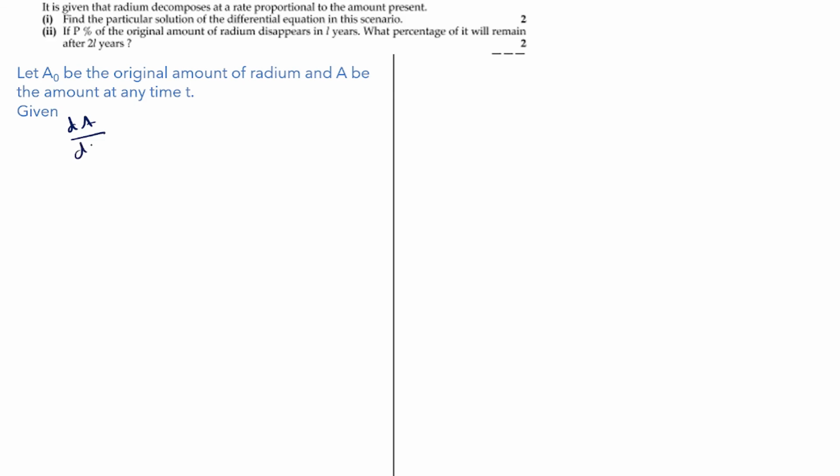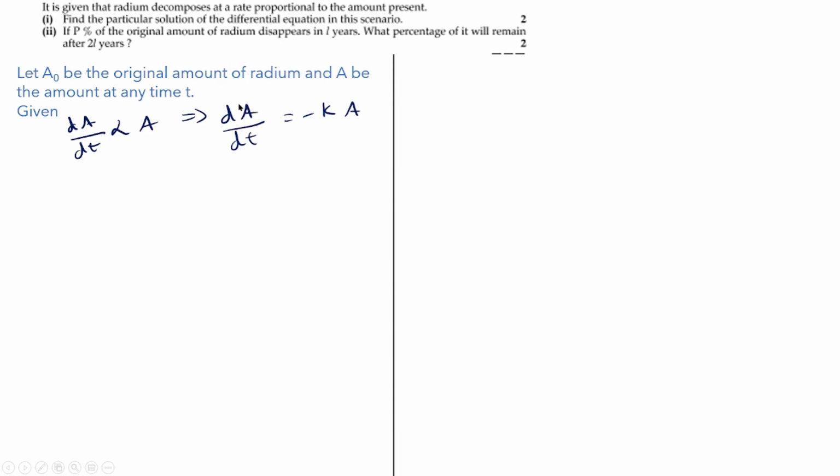First, it is given radium decomposes at a rate proportional to the amount present. So let A naught be the original amount of radium and A be the amount at any time t. So it is given dA by dt is proportional to A, or we have dA by dt is equal to minus kA.